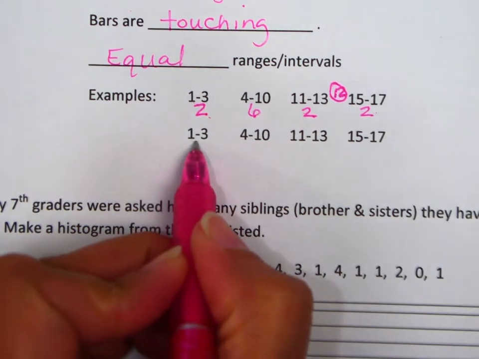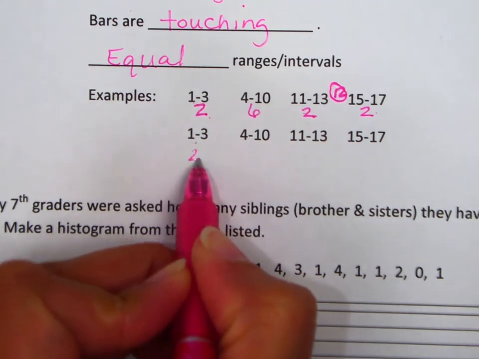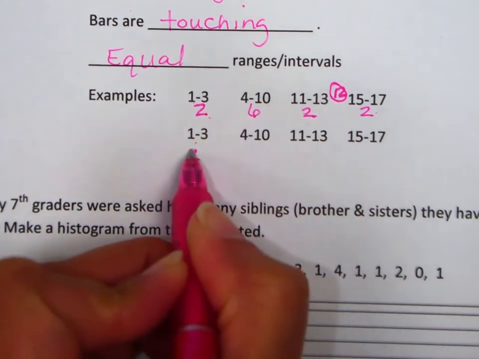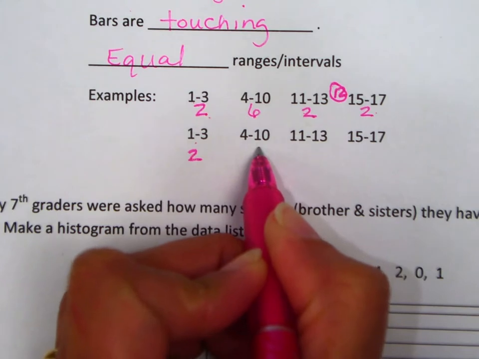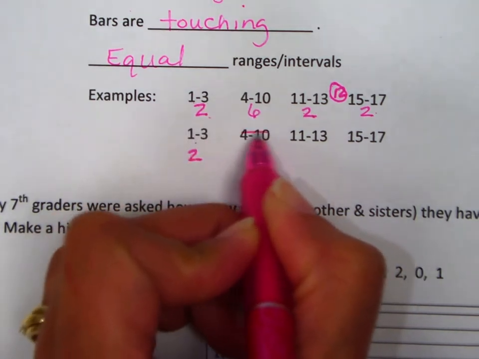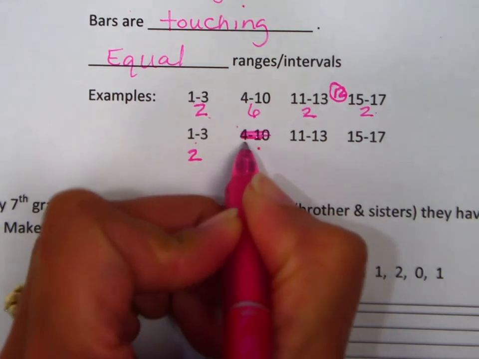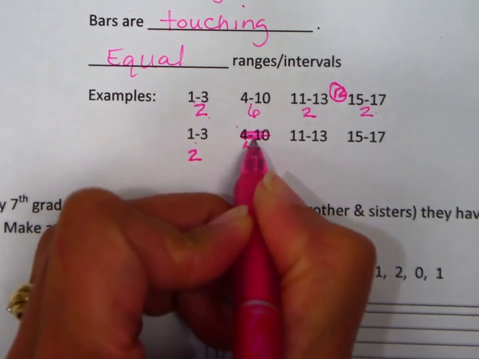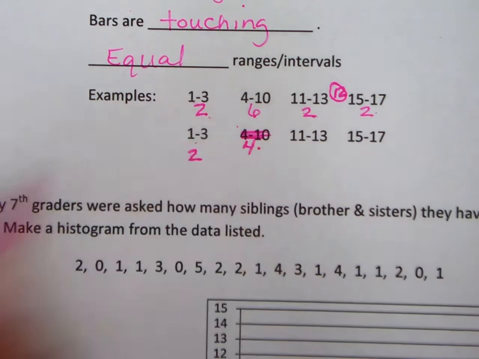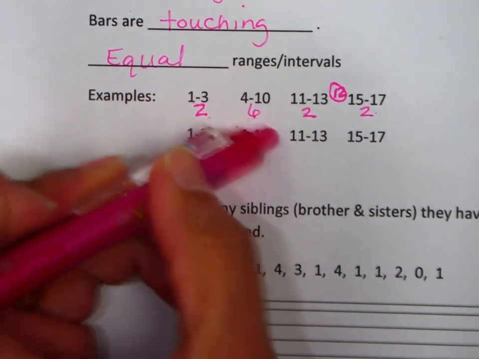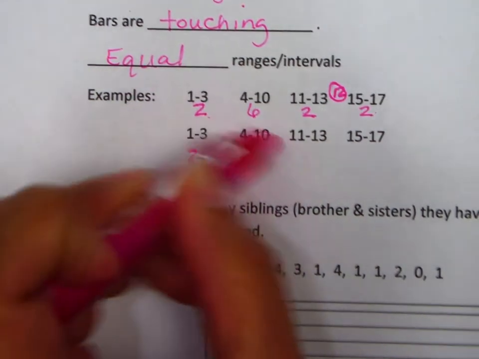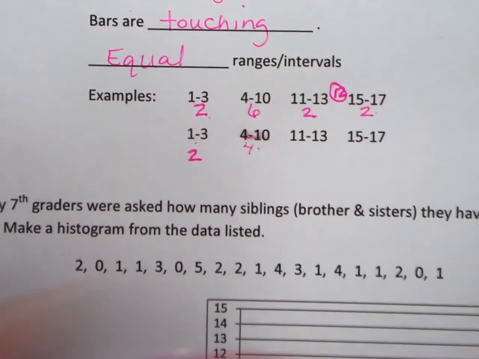So let's look at our second example. This one has a range of 2. This one is messed up, so we're not going to worry about it because I forgot to make the change on this one.